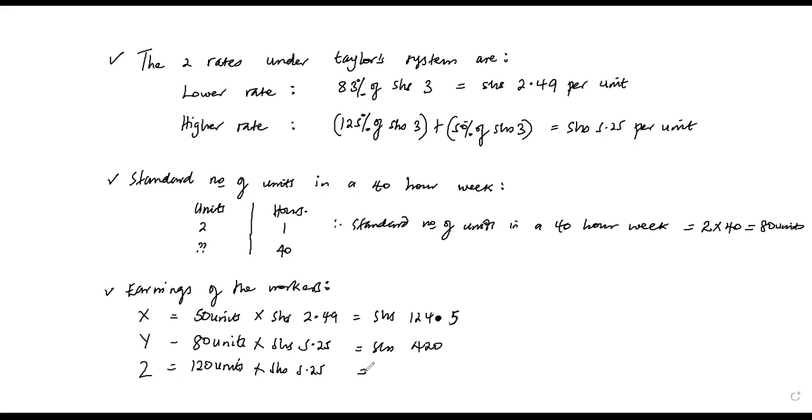The standard number of units in a 40-hour week should be 80, but Z is producing 120 units, so we have to use the higher rate. 120 times 5.25 gives us shillings 630. So those are the earnings of these workers, X, Y, and Z.